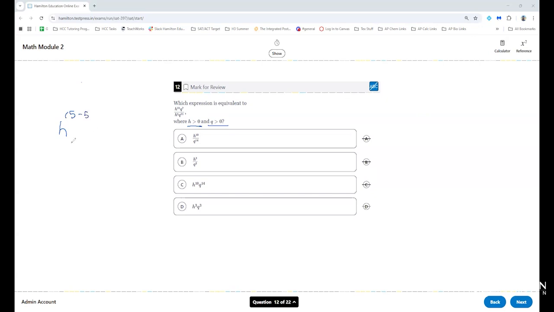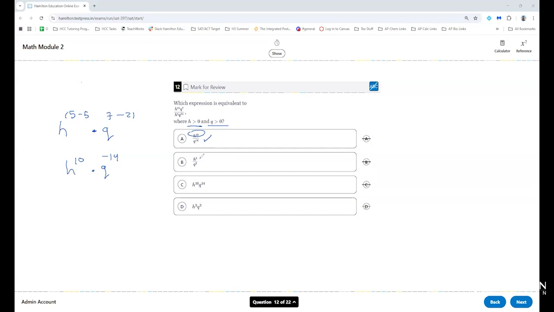And then the q, I'm going to do the same here. Q is going to be 7 minus 21. So that gives me h to the 10 times q to the negative 14. Okay, I have an h to the 10, and this q is on the bottom. So that looks okay, but let's keep checking.